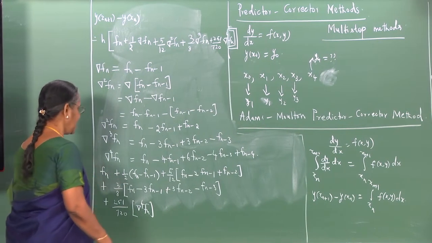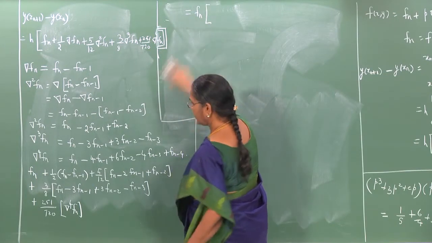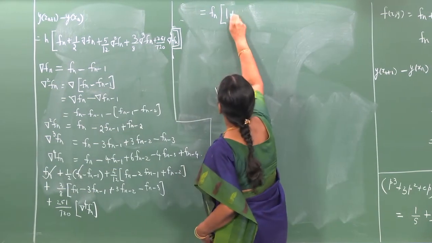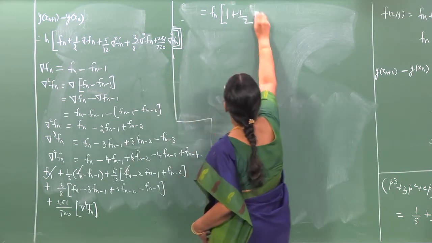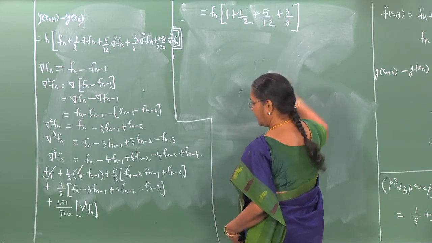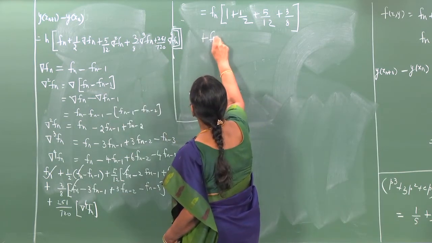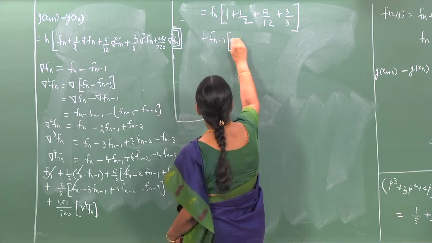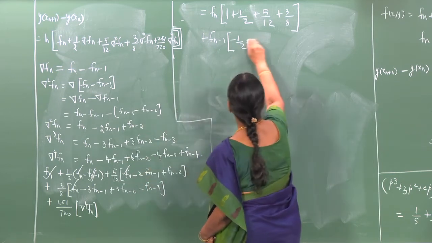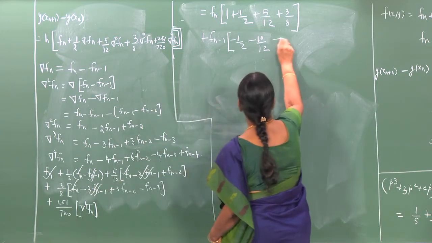Let us simplify these terms. I shall collect the terms involving Fn. The first term has coefficient 1, then we have half, 5 by 12, then 3 by 8. That is the coefficient of Fn. And then the next term is Fn minus 1: minus half, which comes from this, then minus 10 by 12 from this term, then minus 9 by 8.